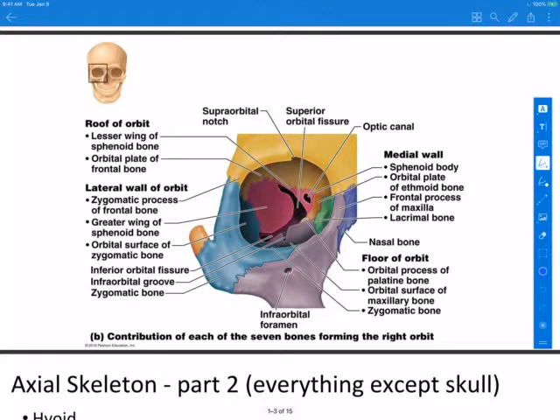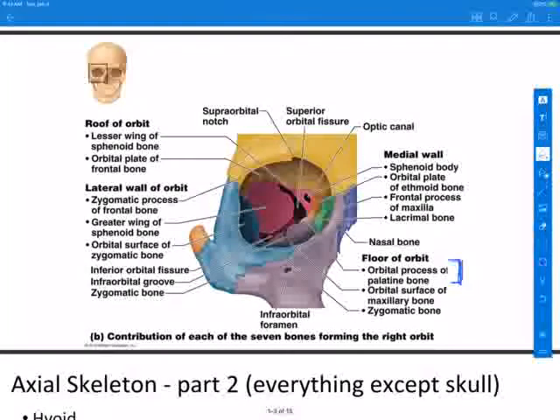And the one bone that kind of stands out that's unusual is the palatine bone. And so I'm going to go ahead and highlight that. The palatine bone was the bone that basically made up part of the roof of the mouth, the bony palate, the bony hard palate. And so I wanted to point out that you have a little piece of the palatine bone called the orbital process of the palatine bone.